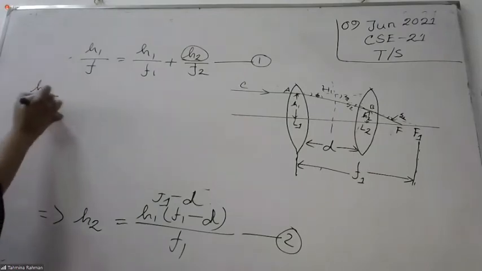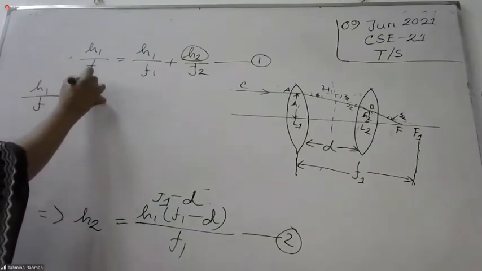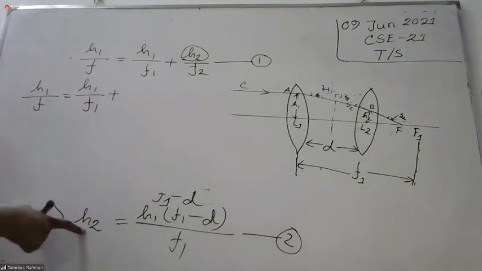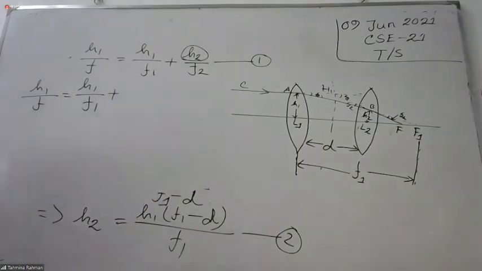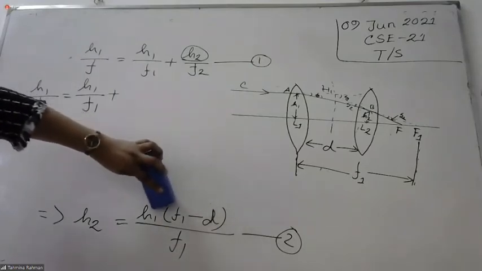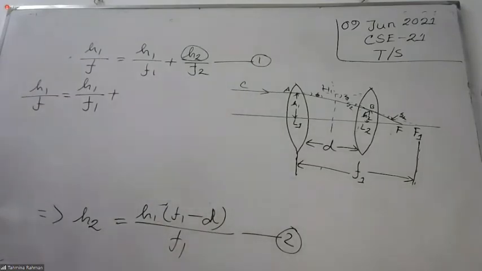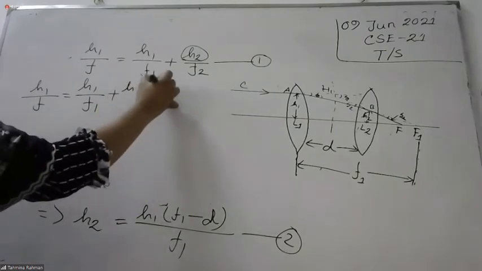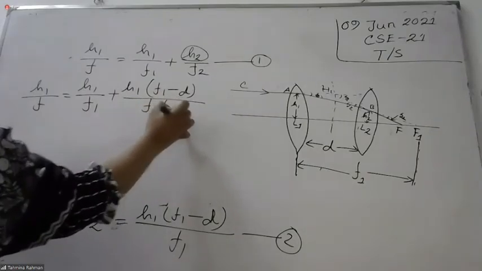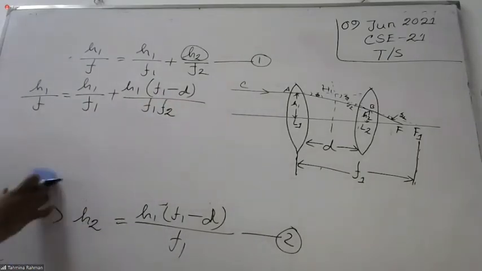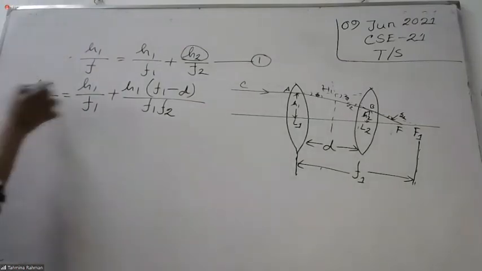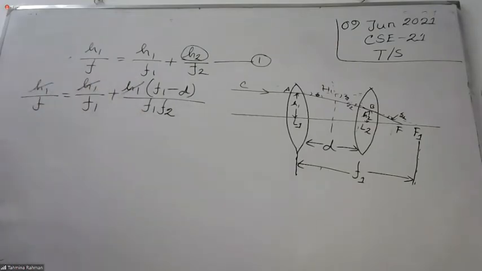So we get H1 by F equal to H1 by F1 plus, in case of H2, we write this whole value, H1 into F1 minus D divided by F1 F2. Using equation 2 in equation number 1, H1 and H1 are common, so we can cancel it.